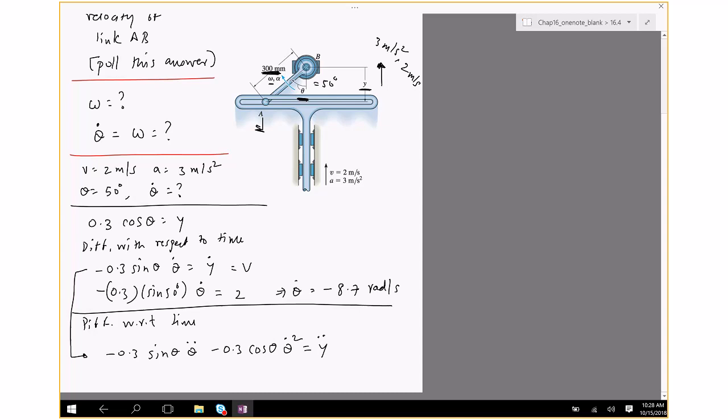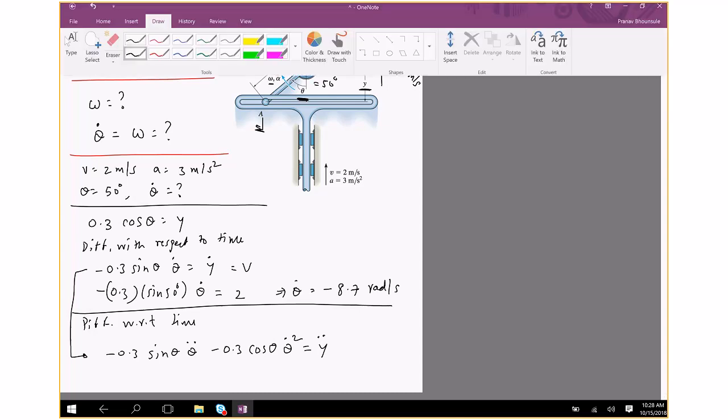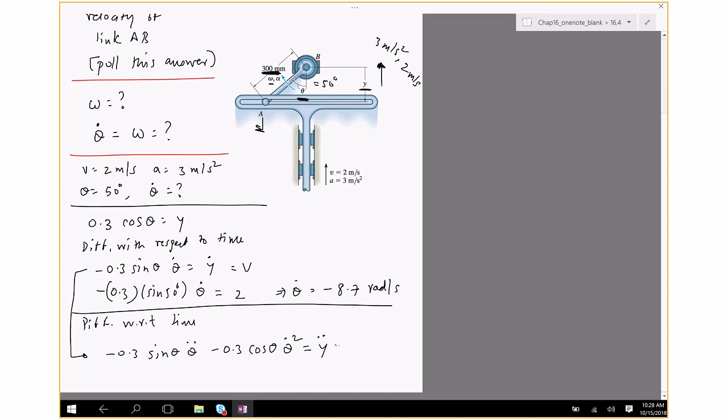So I can then sub in the values for y double dot, which is a. Theta dot is known, I know it's negative 8.7. Theta is known, theta double dot is unknown, so that is equal to alpha. So from that expression I can solve for alpha, which is the second part. I need to only pull the answer for the first part.